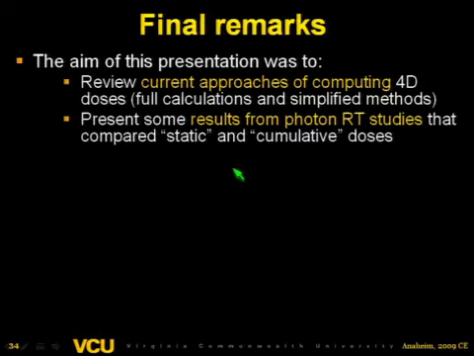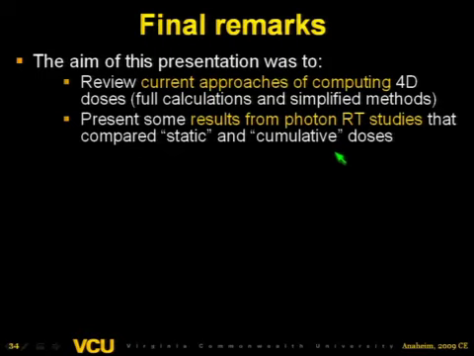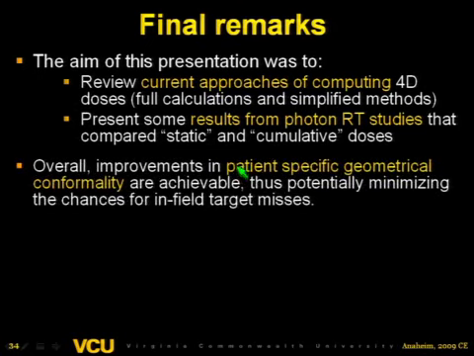So the aim of this presentation was to review current approaches of computing 4D doses by doing full calculations, and we also overviewed some simplified methods. And also our goal was to present some results from photon radiation therapy studies that compare static and cumulative doses.